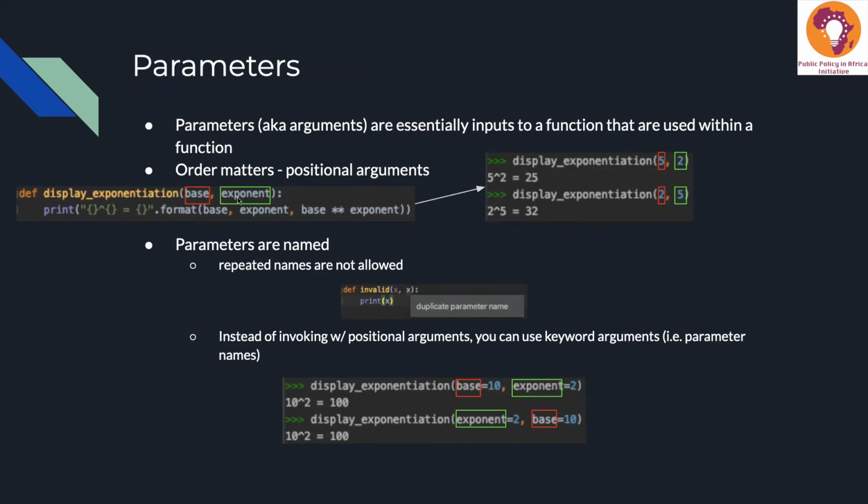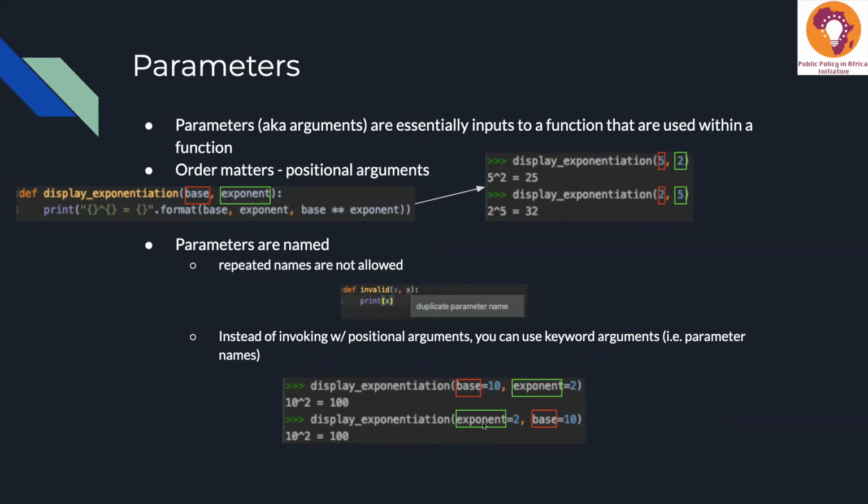But once you give them a name in your function definition, and then you're calling that function using keyword arguments, you must use the same name for assigning those values as a keyword argument. In this particular case, I've given them base and exponent as the parameter names. So when I call them down here, I need to use base and exponent as well. I can't use x equals and y equals or whatever, because that's not the name of the parameters as they're defined in the definition of the function.